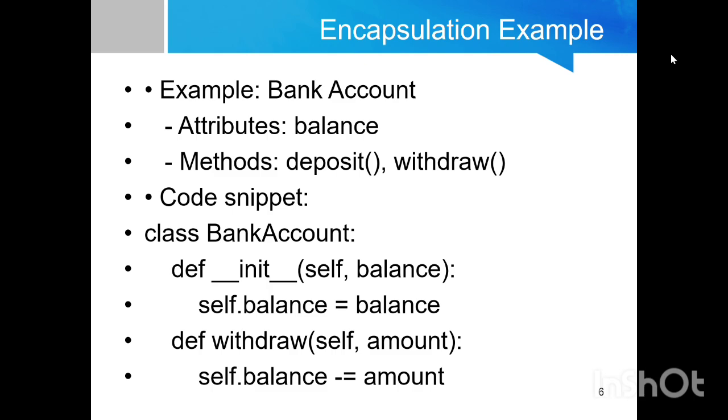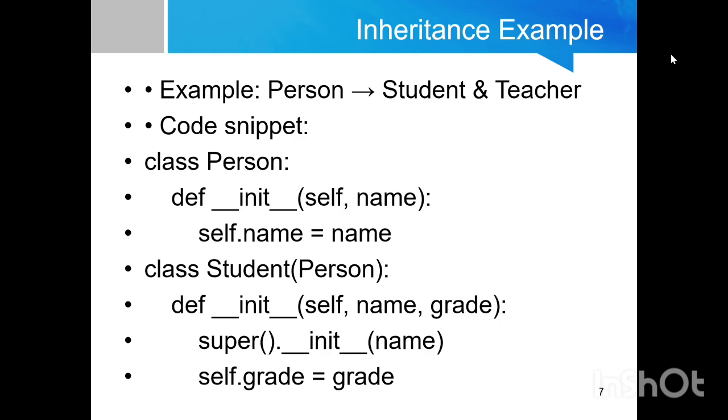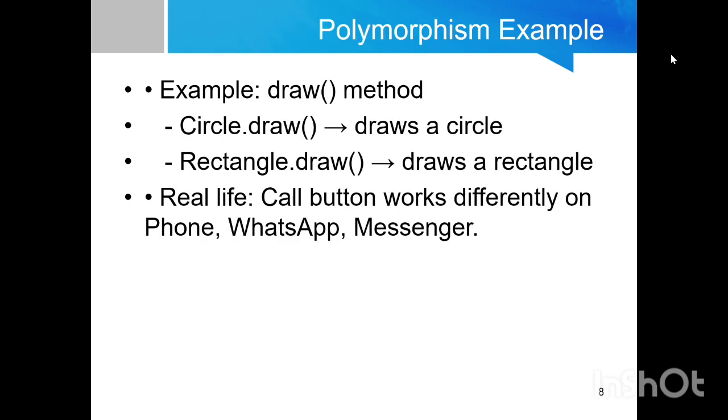This is encapsulation. Then we have an inheritance example. Let's suppose a person class can be inherited by student and teacher classes. They share common attributes like name, but students have grades while teachers have salaries. This saves us from writing the same code again and again.